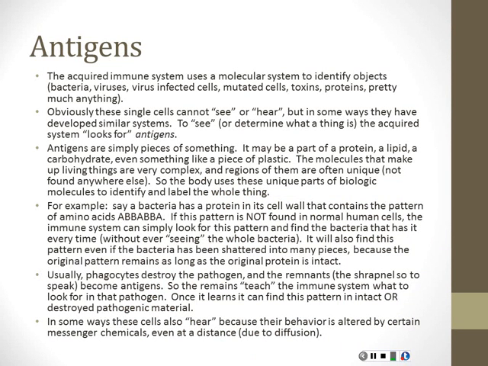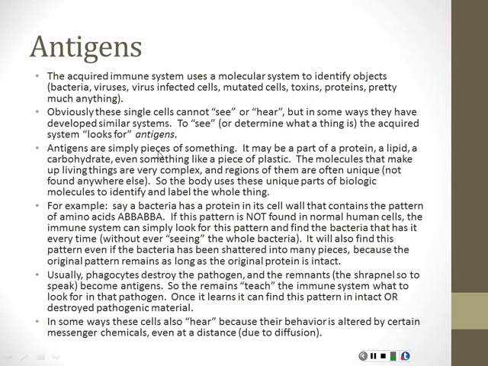Because it's easy for us to think about cells like they're little people, but the reality is they can't see and they can't hear because they don't have eyes and they don't have ears, right? But yet, in order to accomplish their task, they kind of need to do those things. And an immune system cell needs to be able to see a pathogen in order to do anything about it. It needs to be able to know where there's something going on. So the system that evolved is this antigen system.